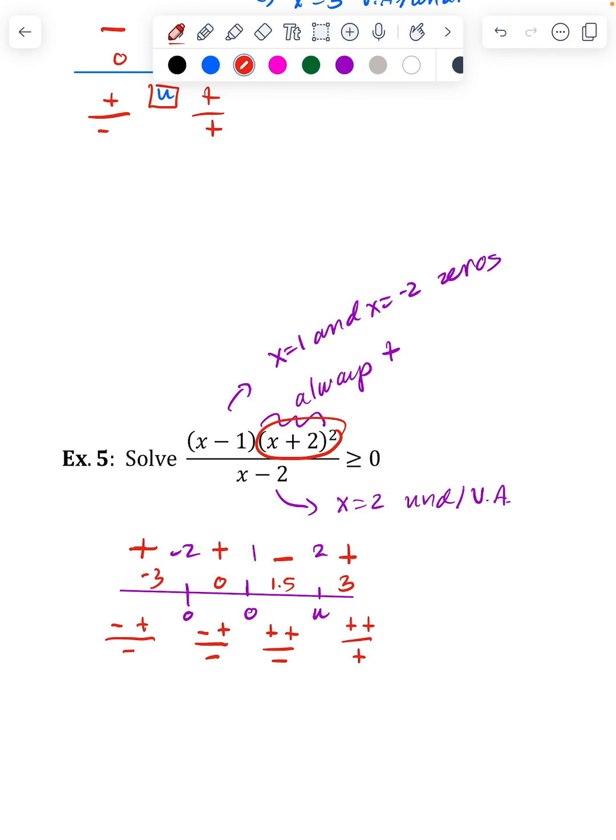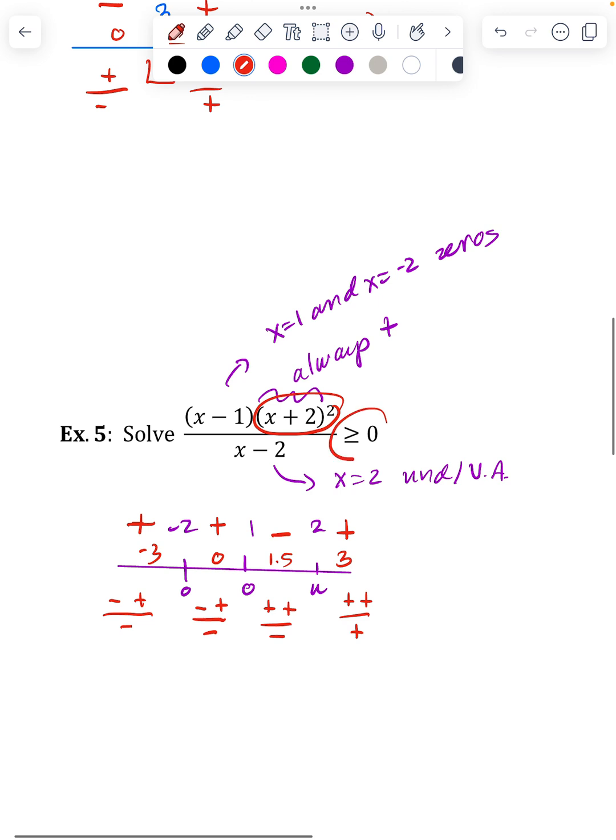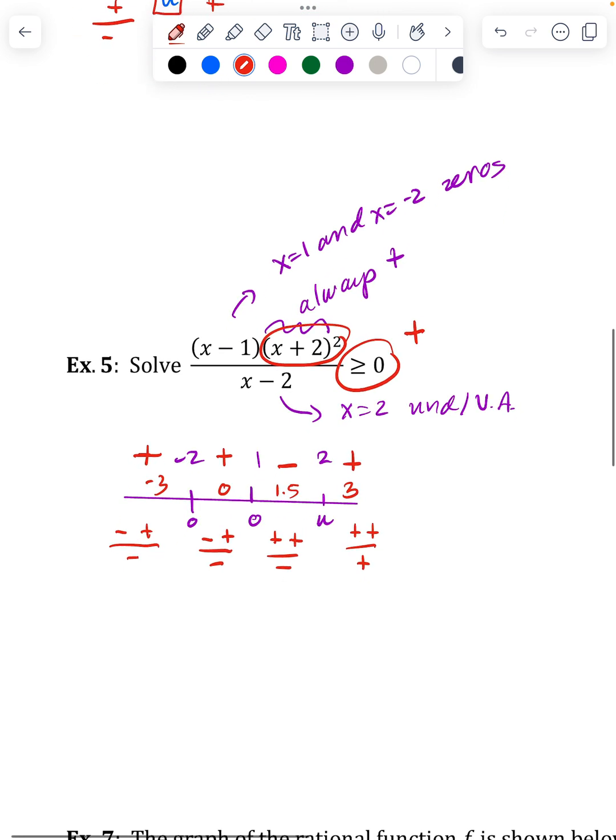So that is positive. They are looking for anything that's positive or equal to 0. So that's going to be here, here, and here. But I'm also going to remember to include my zeros in this one because it's "or equals to."